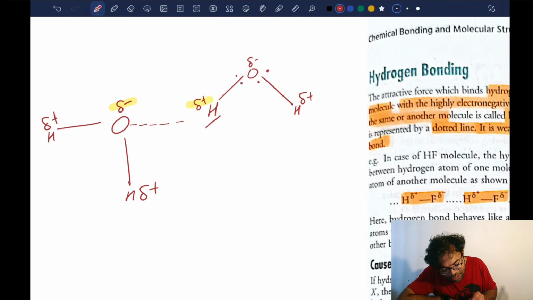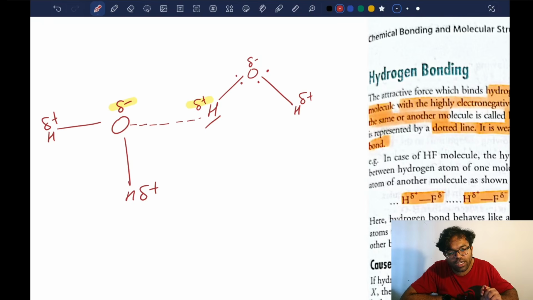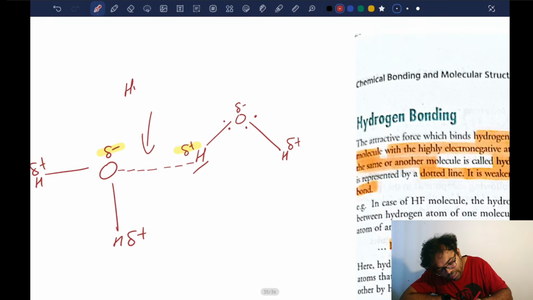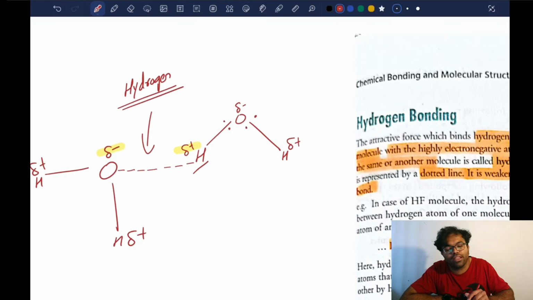They attract each other. Am I right? So the hydrogen atom of one molecule is attracting an electronegative element of another molecule, thus actually forming a bond here. And this bond is called the hydrogen bond. This is the first bond that you are going to study. Oh, I think the second one, because you have already discussed van der Waals forces. So the hydrogen bond is an intermolecular bond.